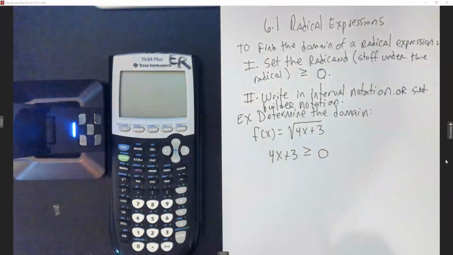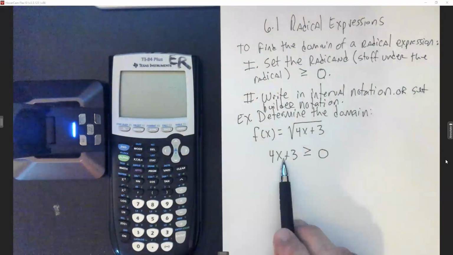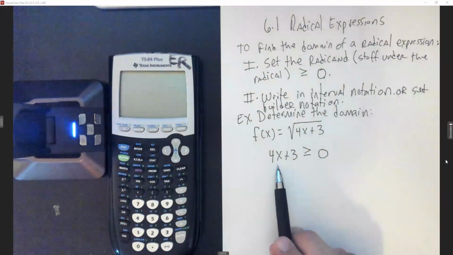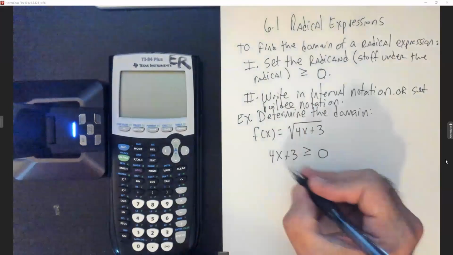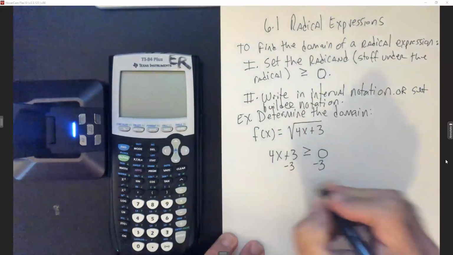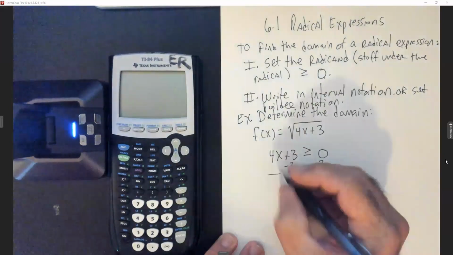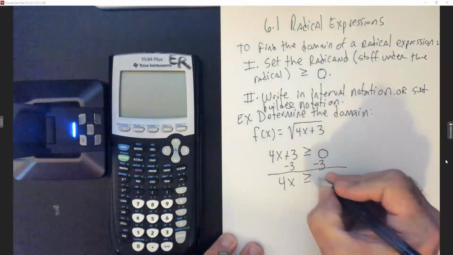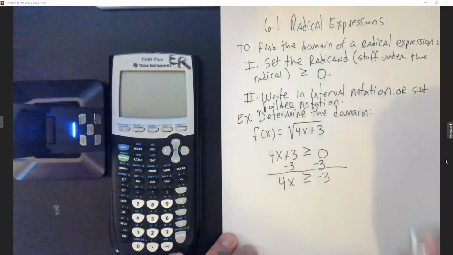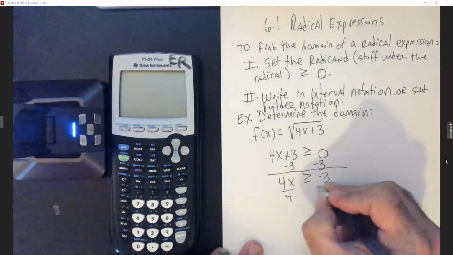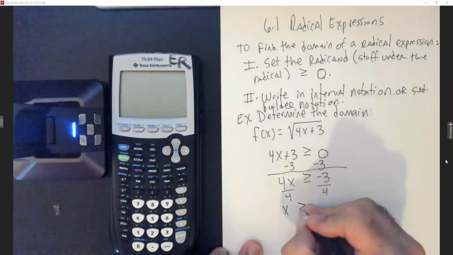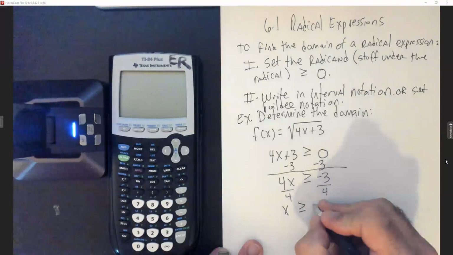Now, to solve this, I'm going to get this x by itself and everything on the other side. So the first thing I would do is subtract 3. So the 4x has to be greater than or equal to a negative 3. And then divide both sides by 4, so that my x is greater than or equal to a negative 3/4.